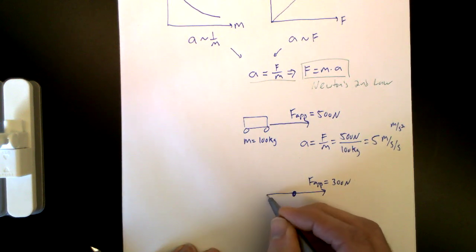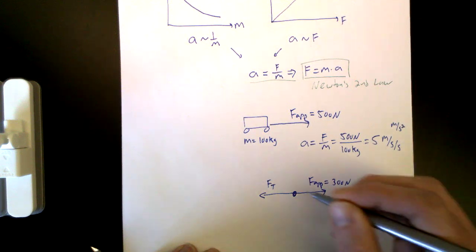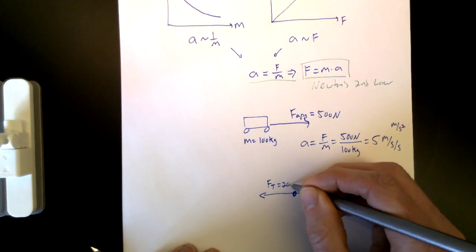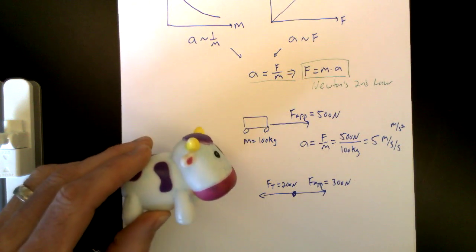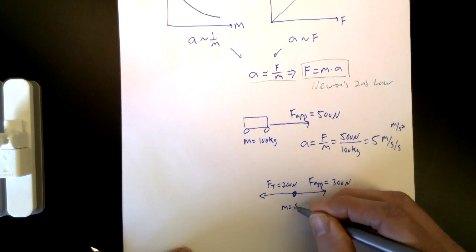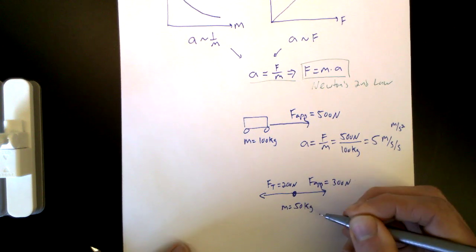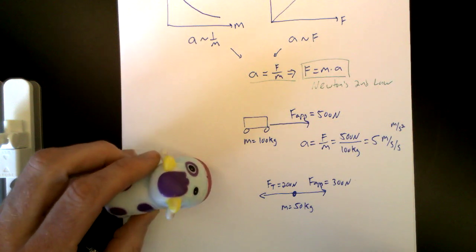So let's say there's a rope attached to the cow, so maybe I have a tension force, and let's call that 200 newtons. Once again we're looking at the cow from the side. And I'll make the mass of the cow 50 kilograms, which is very light for a cow. That's only 100 pounds or something, right?